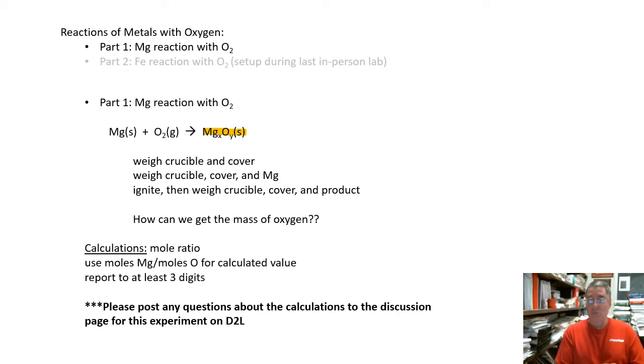So not just rounding it to a whole number right away. You're going to calculate it to at least 3 digits, just like you would for any answer on WebAssign. And there's a note in the report about this. But just so that everyone's doing it the same way and doesn't have it flipped, we want moles of magnesium over moles of oxygen. If it's flipped the other way, it won't work, okay?